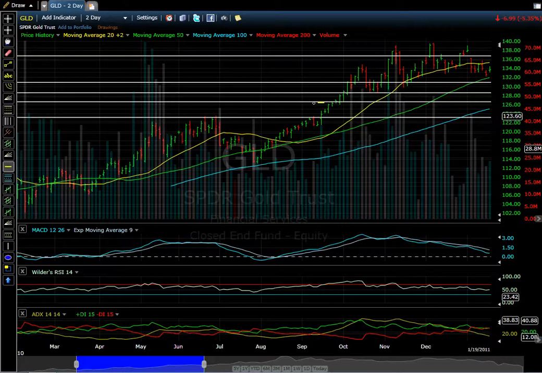Now, I'm basing that off of this line here, this level here, where it barely opened below it, this line here where it actually found support. So based off of those 4 lines, we're going to use this level too. So that should give us what we need.